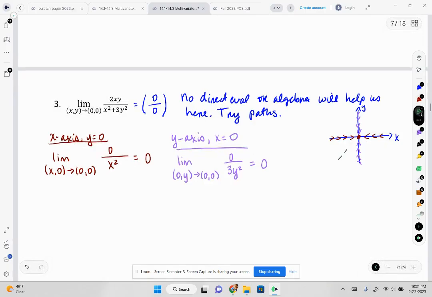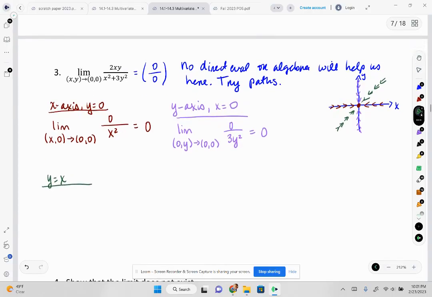So I'm going to try y equals x. I'm going to approach along this y equals x path. What that's saying is that I'm going to take the limit, and everywhere there is a y, I will replace it with an x. So it's the limit as (x, x) approaches (0, 0), which is kind of weird.